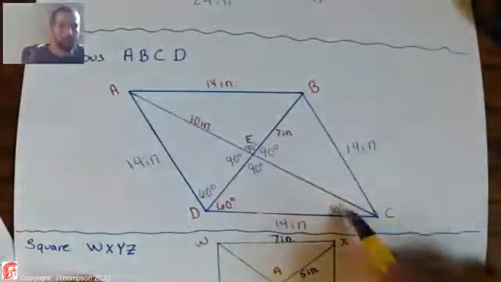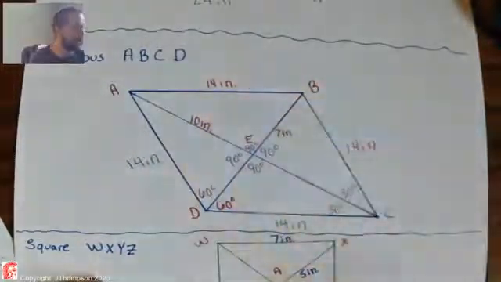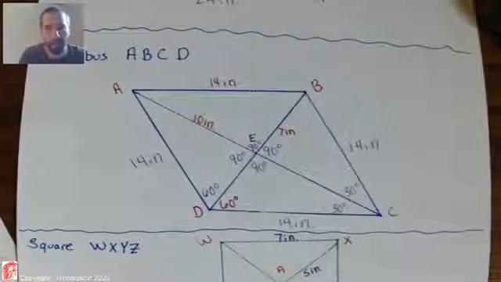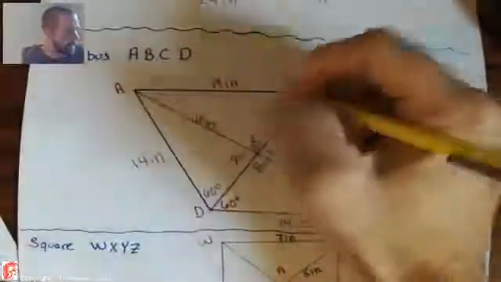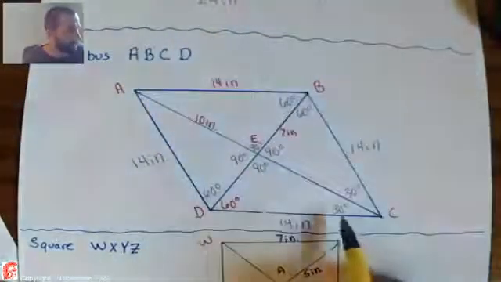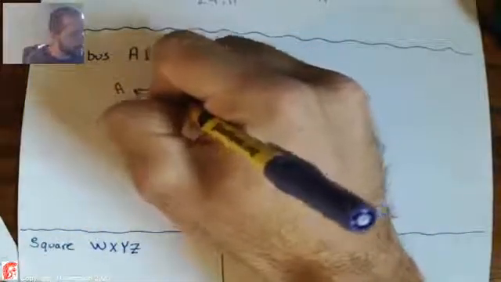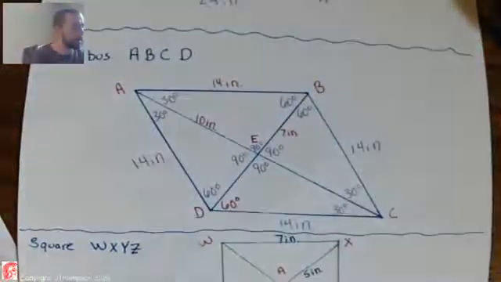And then if this angle here is 30, the angle right above it's also going to be 30. And then, since a rhombus is a parallelogram, the opposite angles are congruent. So if these two are 60, then the two up at the top right are also 60. And if the two at the bottom right are 30, then the two at the top left are also 30. Okay, so we have all the angles.